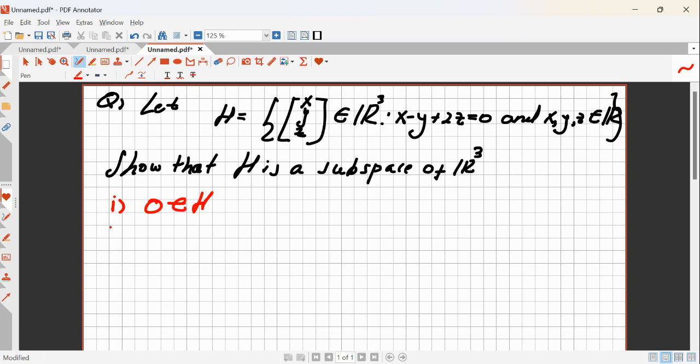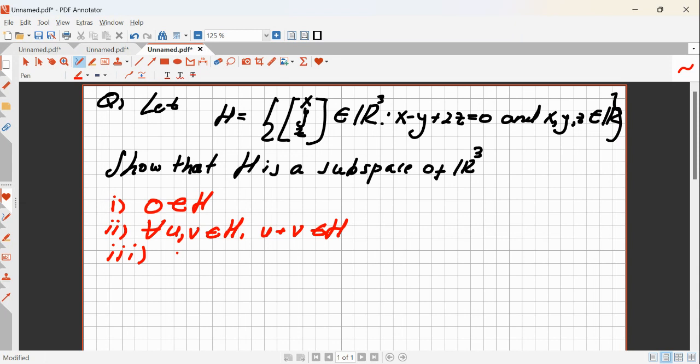The second one is, we have two vectors u and v that are in the H subspace, and the addition of the two vectors u and v also satisfies our condition, so it's okay.